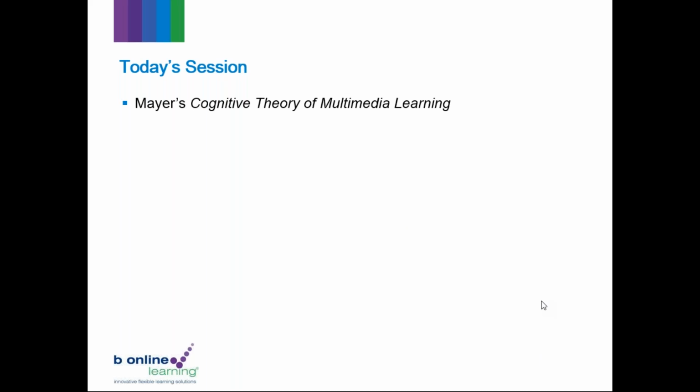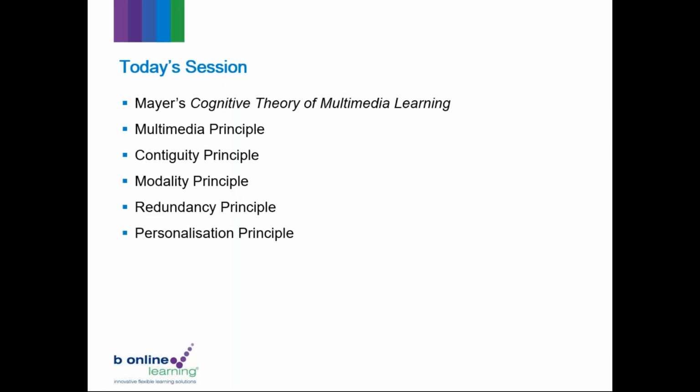So what it is, and we'll talk about it, it's really a theory about how we process information, in a nutshell. And from that, a number of principles were developed to try to improve our design, to try to help improve that processing of information. Now, the 5 that I've got listed there are the ones we're going to look at, but there are more than that.